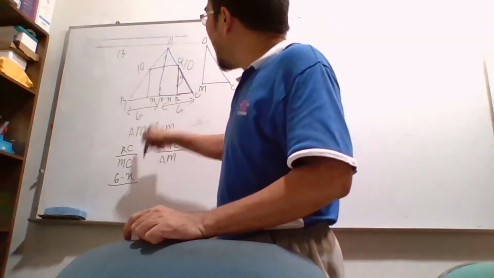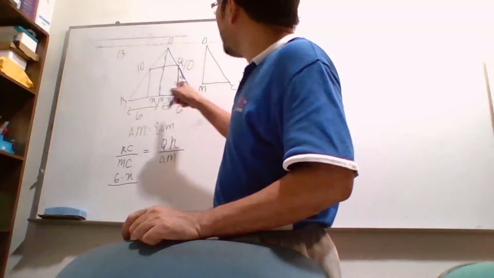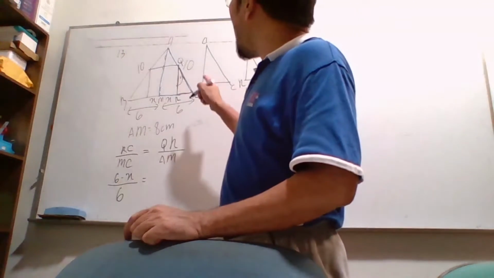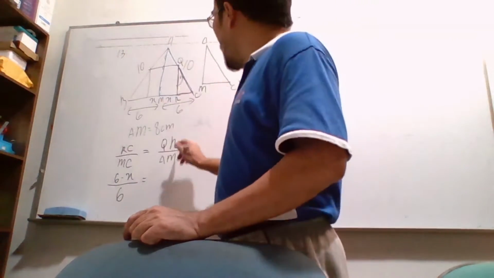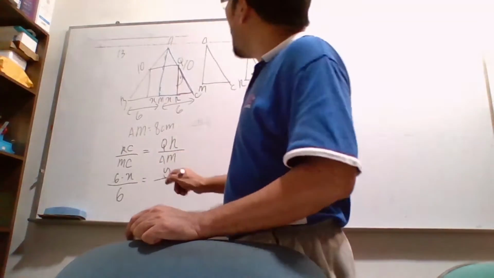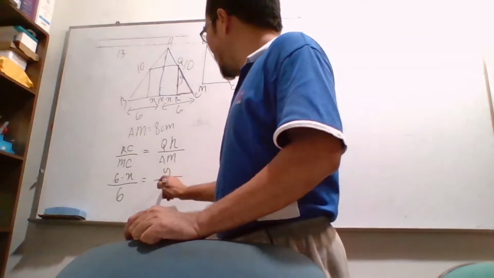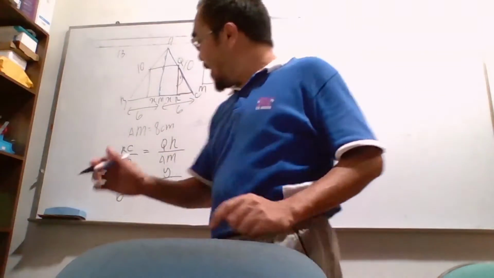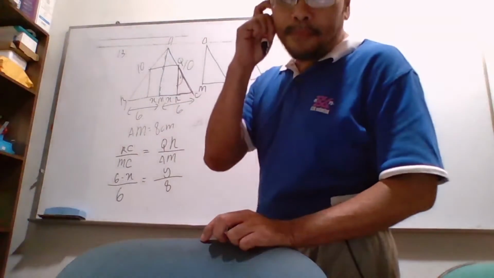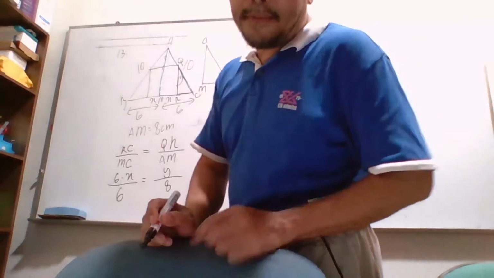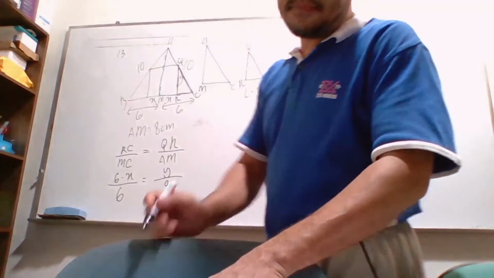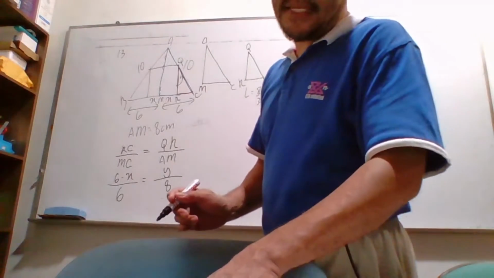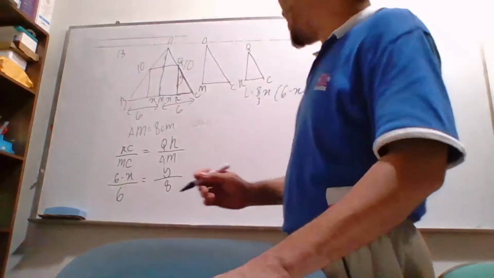And MC will be 6, which is equal to QR over 8. We have an equation relating x and y. They say express y in terms of x.